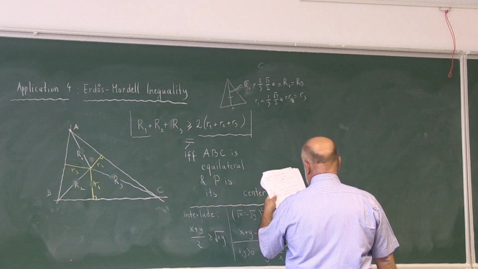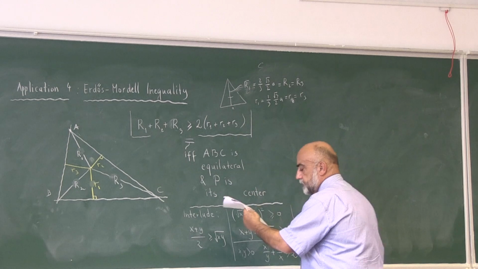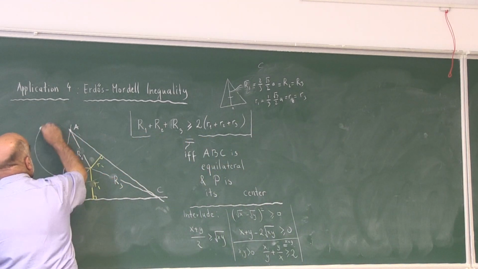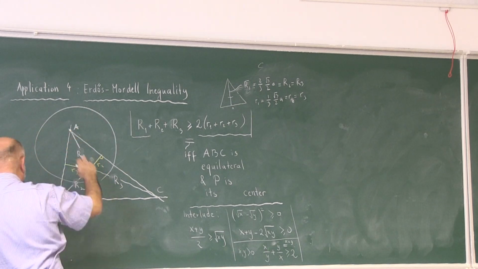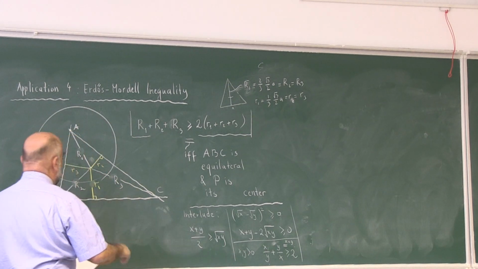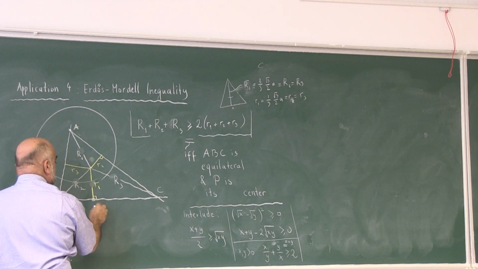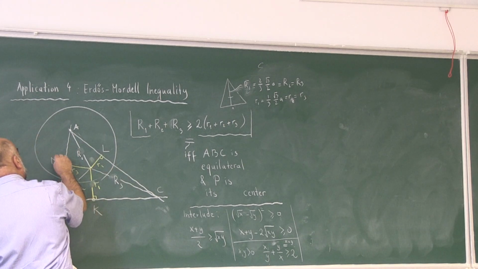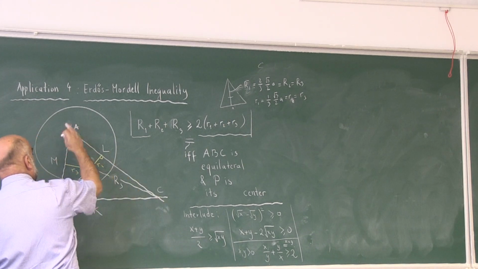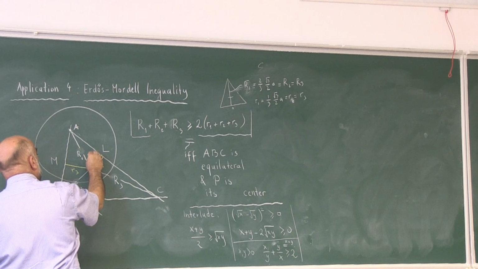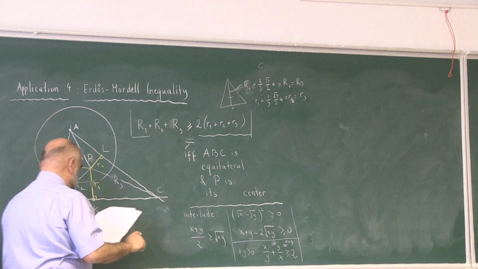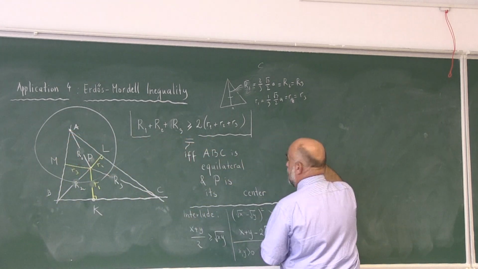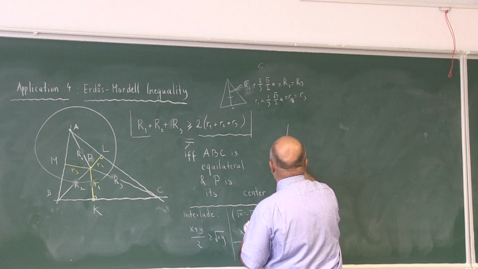Okay, right. Now I would like to look at this part. What's happening near the vertex A? If you wish, let me give names to the respective feet of the verticals on BC, on CA, on AB. Okay, so K, L, M. Let's look more carefully at what's happening near A. It is something like this, isn't it?